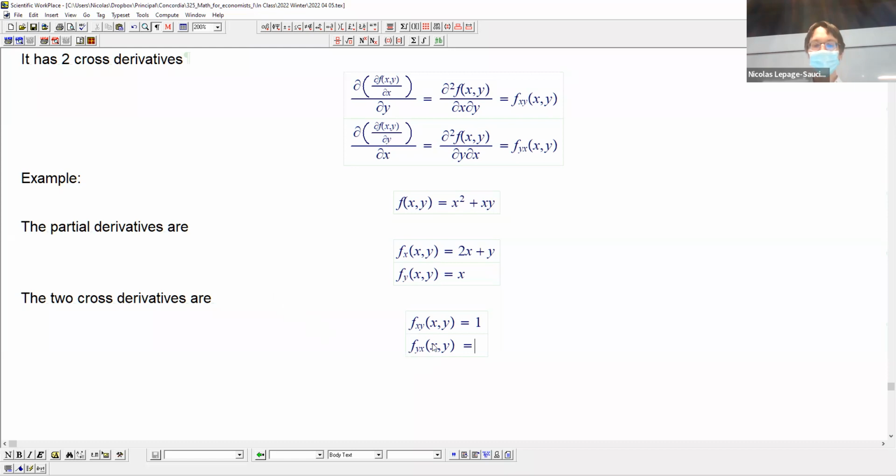And then let's do the opposite. So yx, I start with 1, so it's that one. And then let's derive it with respect to x. So I get what? I get 1. So how funny is that?